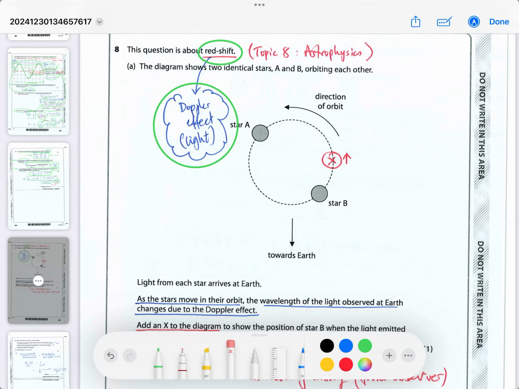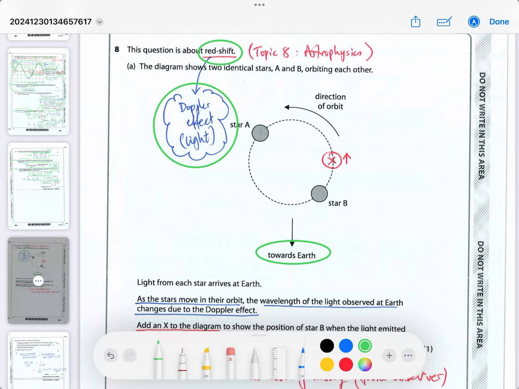Okay, so let's go through the question. The diagram shows the star, compared to where Earth is. Earth is in the direction at the bottom of the page, so light is coming towards Earth, but the star is rotating around something. So star A and B are rotating around each other.